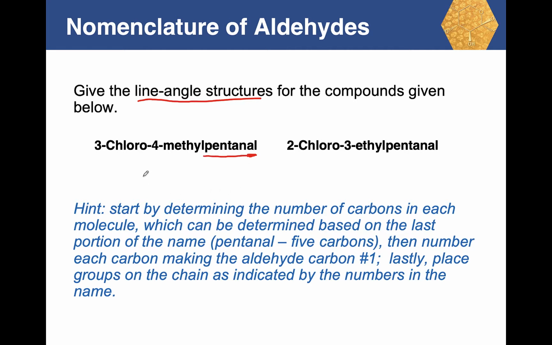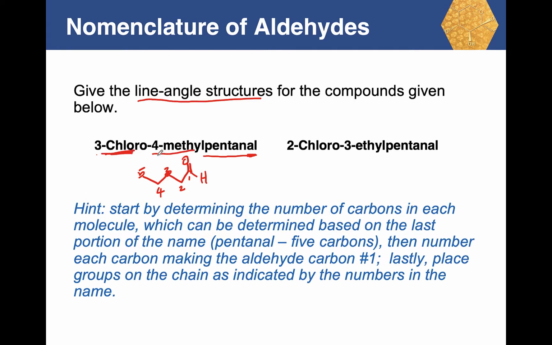So you may want to put your aldehyde at the end here, and even number it just to make sure you don't miss anything. So here's 5. Now once you have it numbered, you just have to look at the groups and where they're placed. So here is a 3-chloro, so on carbon number 3 is a chloro.